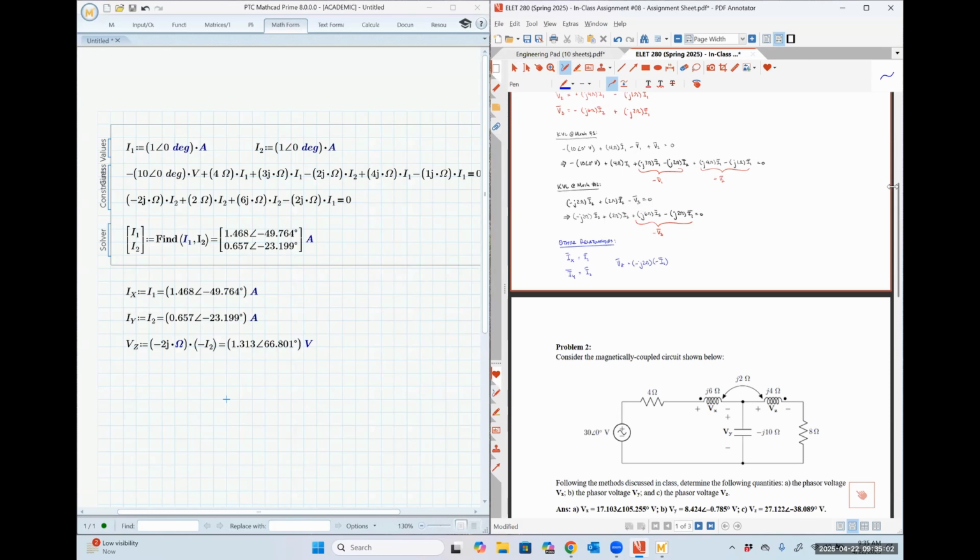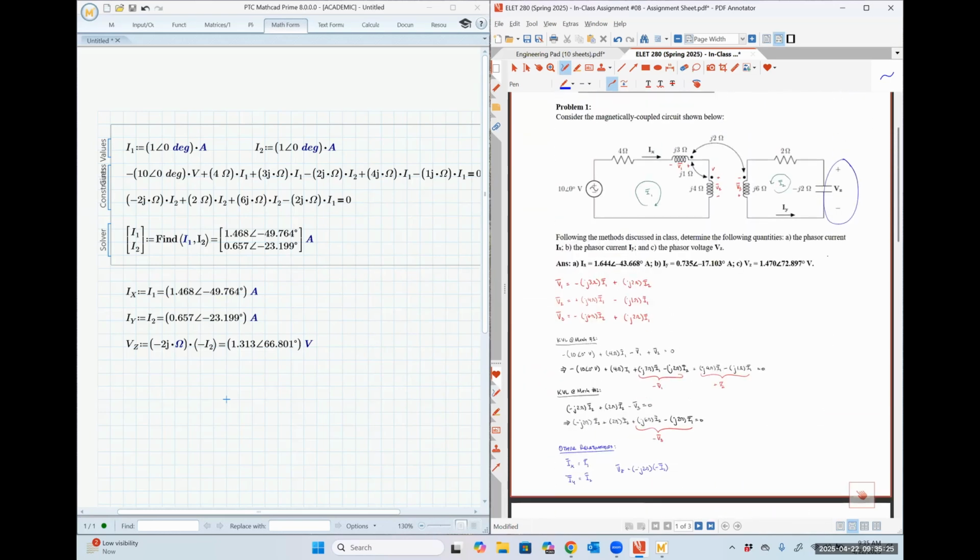The second loop, when you do the KVL, you go from the bottom right corner up. Would the negative J2 turn into a positive because it's getting the negative first? So that's where we got that VZ term was negative J2 times negative I2.